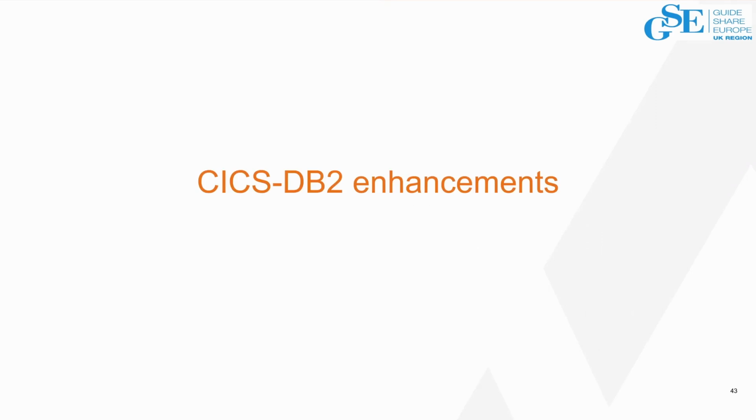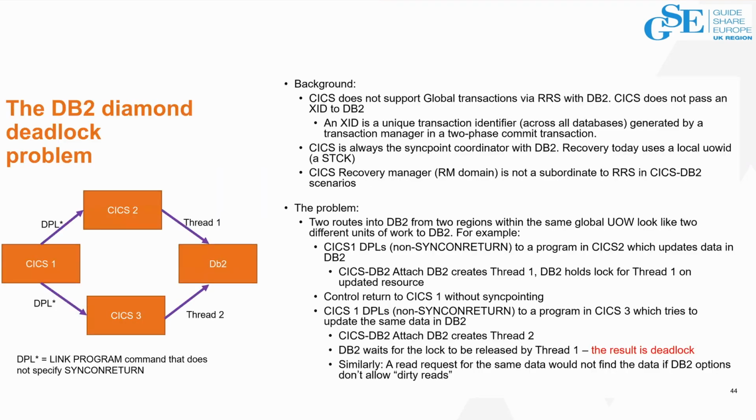So moving on again, CICS DB2 enhancements, a couple of enhancements here. The first one is a solution to a very long-standing problem called the diamond deadlock problem. And I've tried to show you that on the left-hand side of this slide, with a series of CICS regions that, if you like, make up roughly a diamond shape.